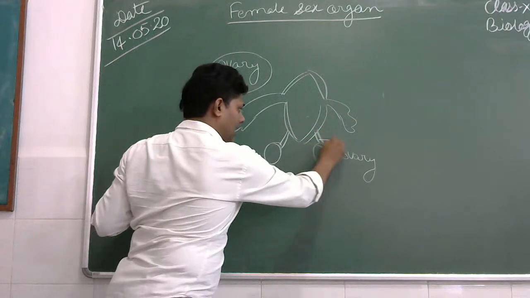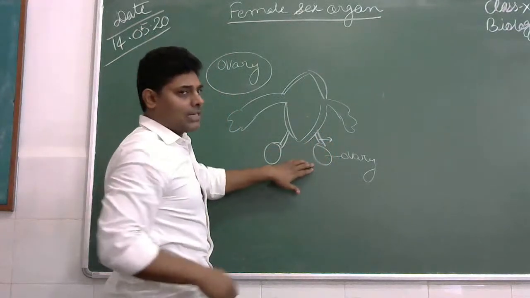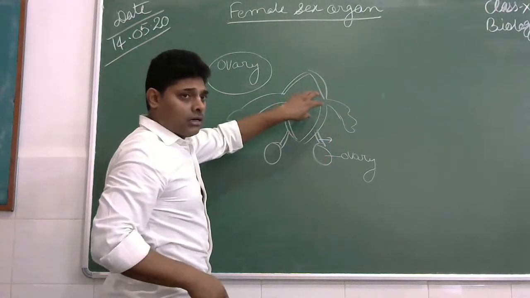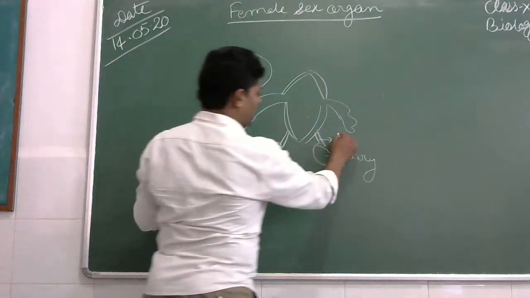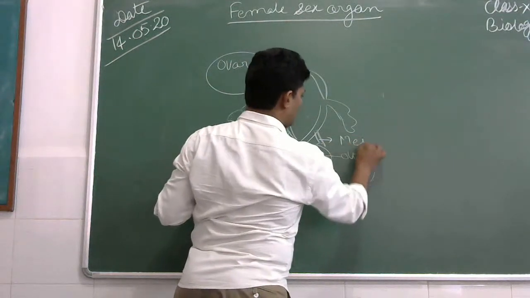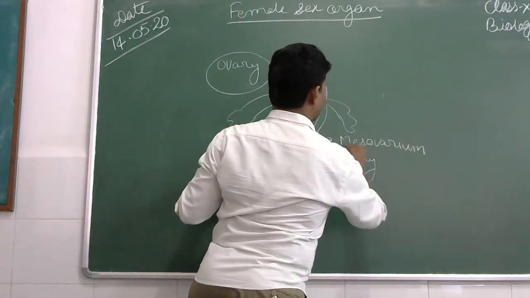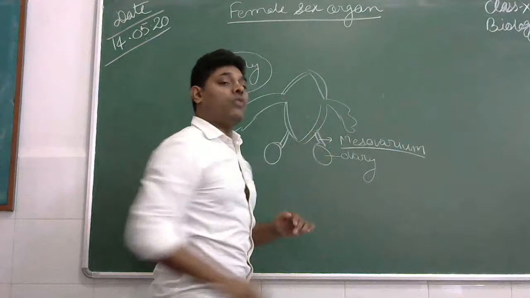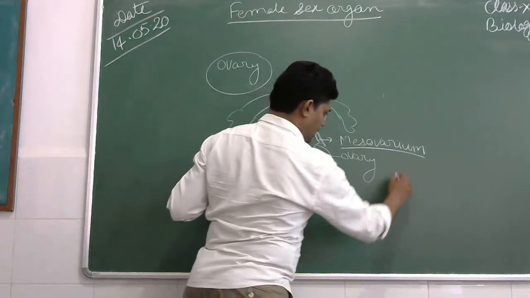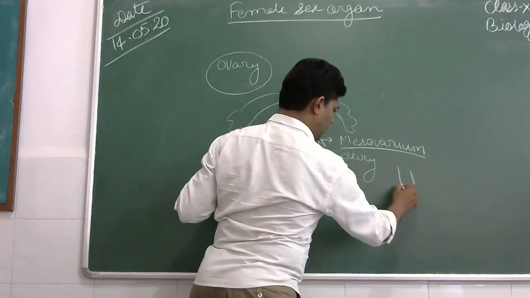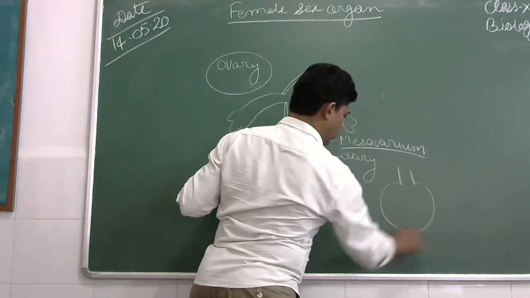And the ligament by which this ovary is attached to the uterus is known as the mesovarium. What does this mesovarium contain? This is the mesovarium, and here is the ovary.